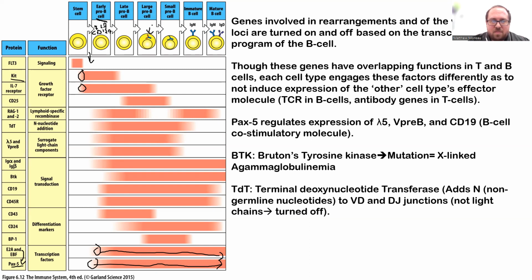So the activation of the pre-B cell receptor starts by expression of IL-7 and KIT, as well as E2A, EBF, and PAX5, because these genes help regulate RAG and TdT, the terminal deoxynucleotidyl transferase, which helps us join the VDJ segments in a non-templated manner, like we saw with T cells.